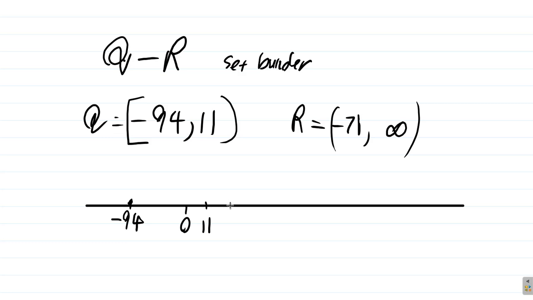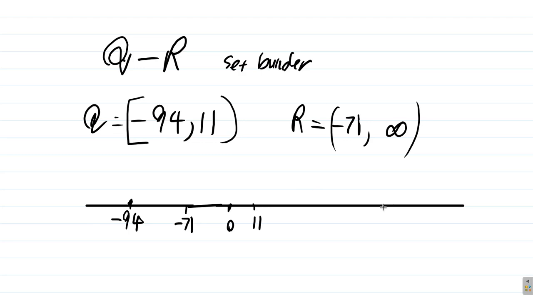Oh, the negative 71. We don't reach 0 yet then. Let's say this is the negative 71, and you go up to 0. You have 11 here, up to infinity.